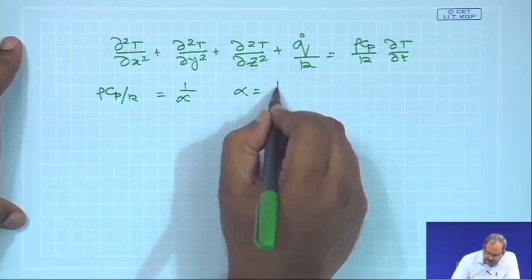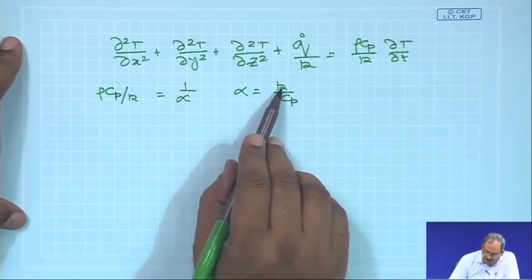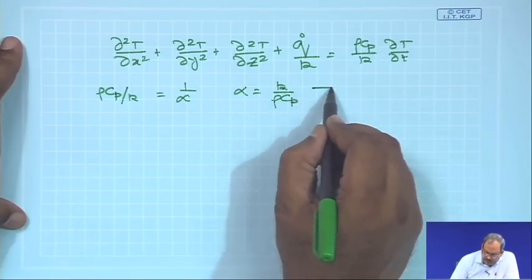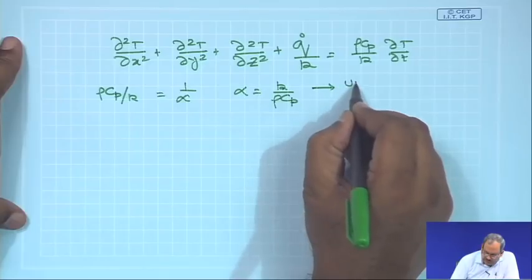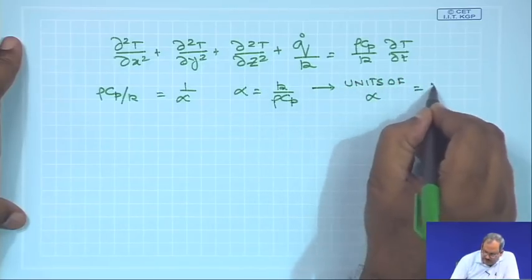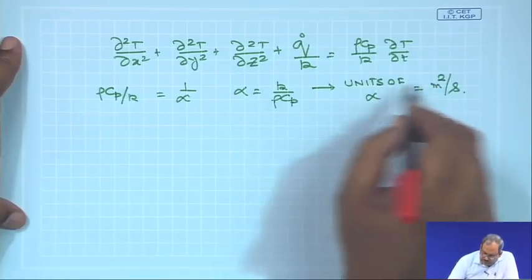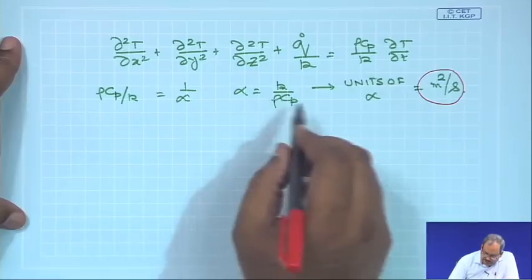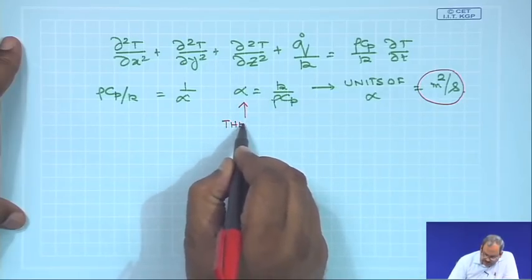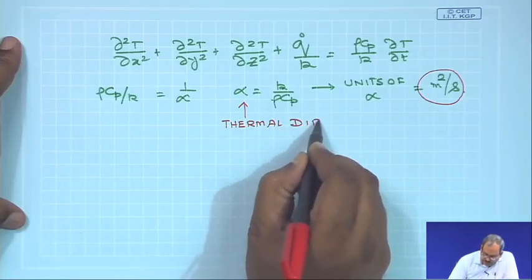So, alpha is simply k by rho Cp, and if you put the units of k, rho and Cp in here, you would see the units of alpha are simply meter square per second. So, this alpha is known as the thermal diffusivity of the system.